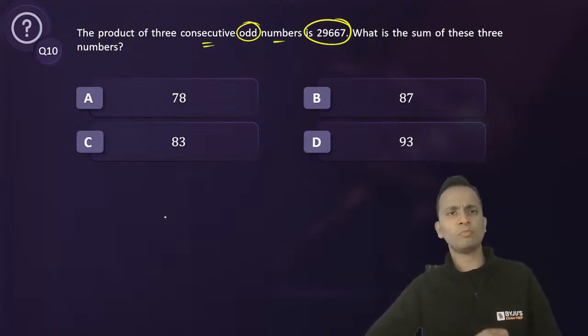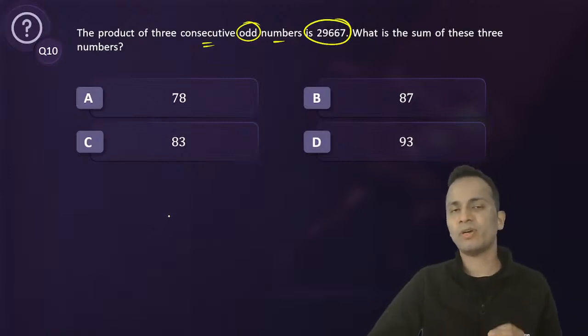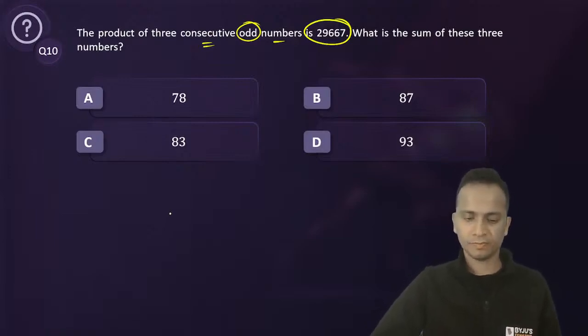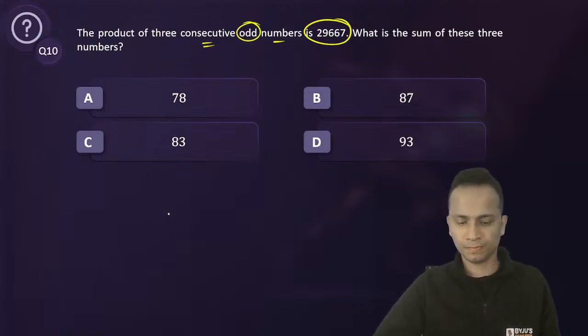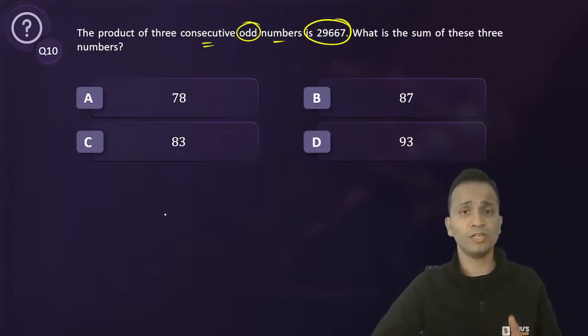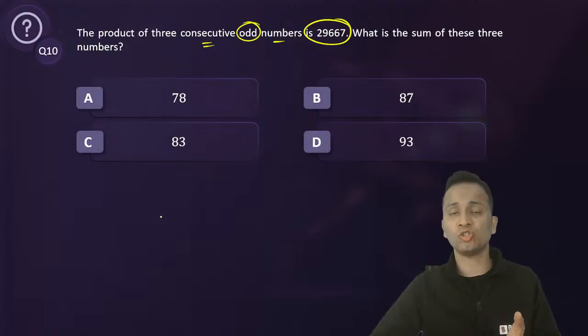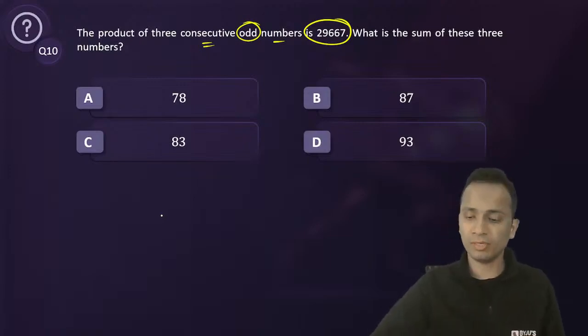Now here also you must go for slight trial and error. Yes, cheesecake, but like it will be difficult to solve if you'll multiply x plus 2 and x plus 4 and equate it to the number. Okay, I'll give you a better way of doing this.